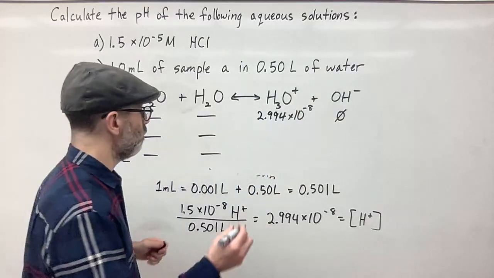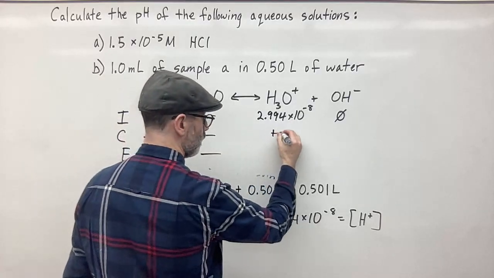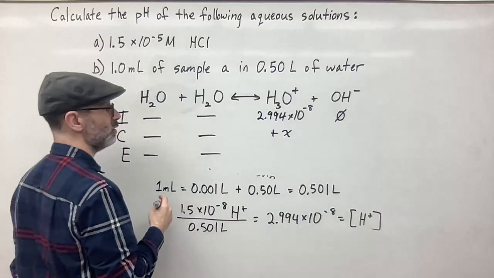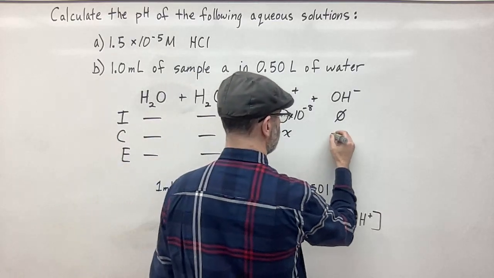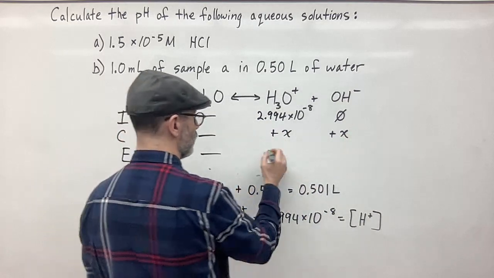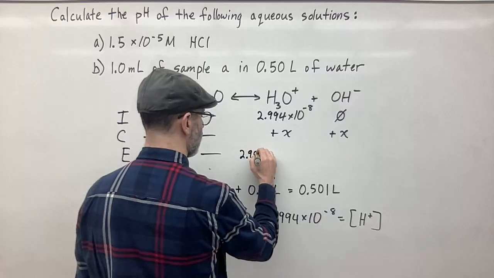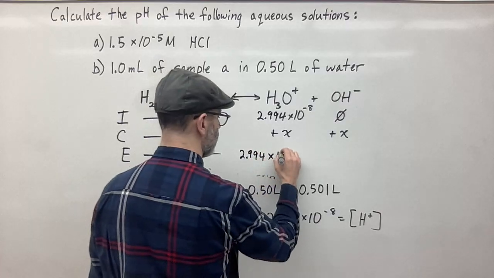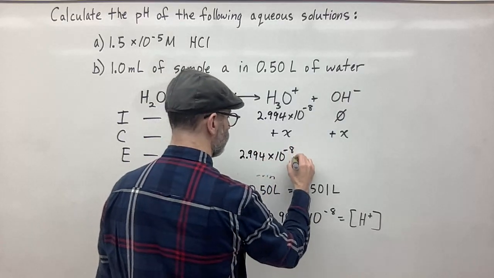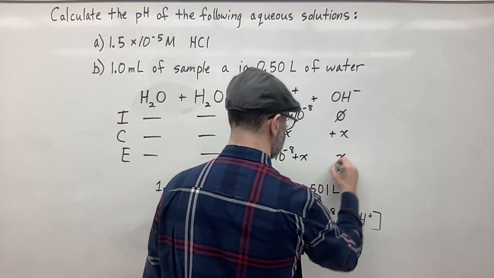And so that means that we're going to gain an X amount here, and an X amount here. If you add those together, you're going to get 2.994 times 10 to the negative 8 plus X. And then you've got X here.